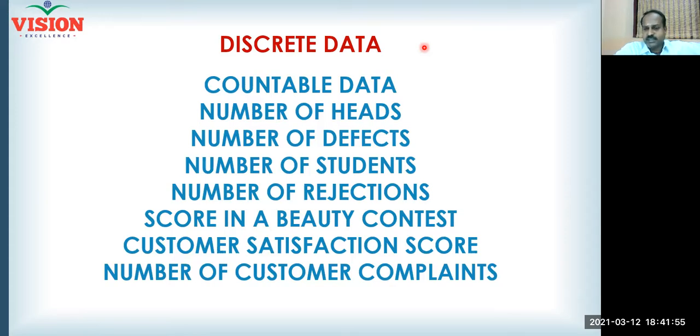For example, the number of defects you observe in your product. Generally there could be 10 different types of defects, so the number of defects will be a number between 0 and 10, and it is always a whole number. You cannot get 1.5 defects, right? Number of rejections, the score in a beauty contest, where some score between 0 to 10 will be given, customer satisfaction score, number of customer complaints. These are all discrete data, right?